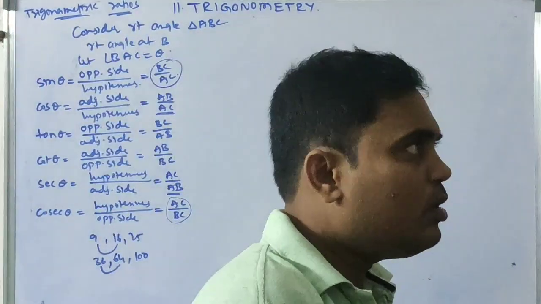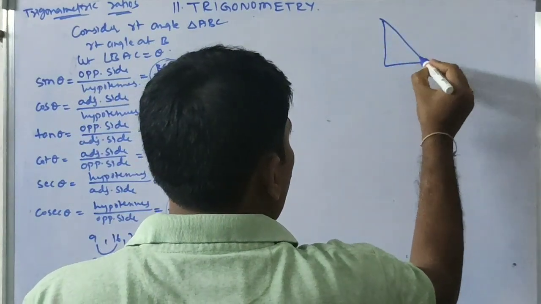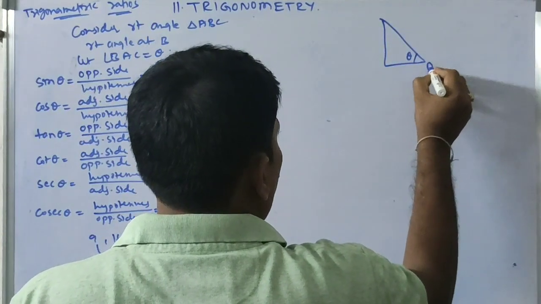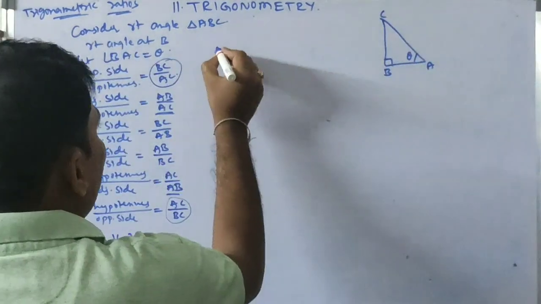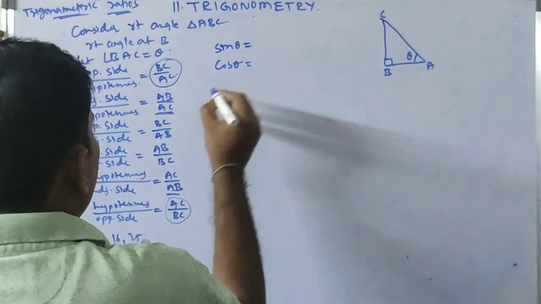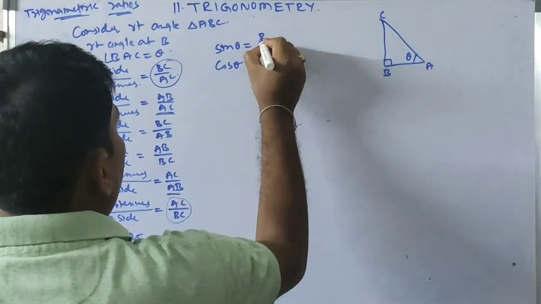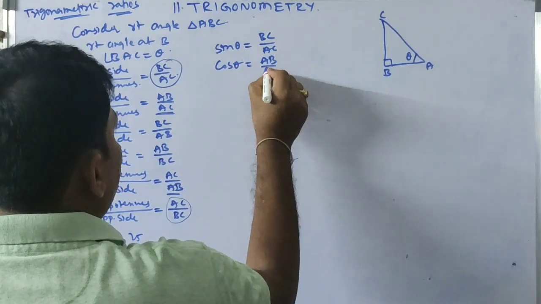And one more. If we are taking a right angle triangle, this is angle theta, A, B, C. This is corresponding to theta. If we are taking sin theta and cos theta, what is sin theta? BC by AC and AB by AC.